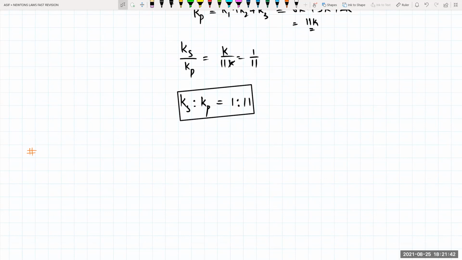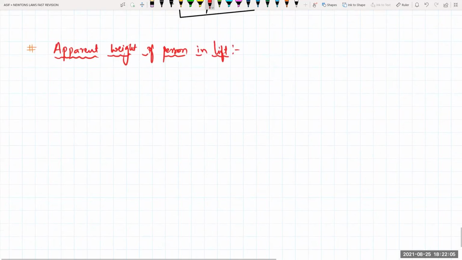When the body is moving up or down, how do you calculate the apparent weight? Apparent weight of a person in a lift.